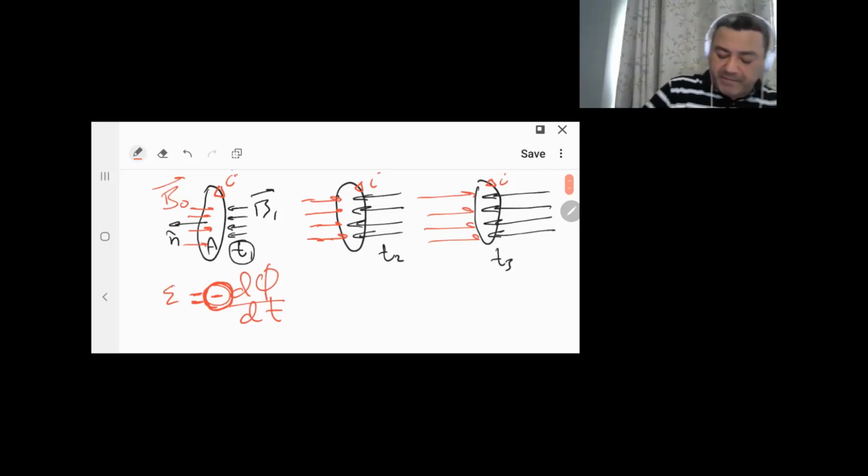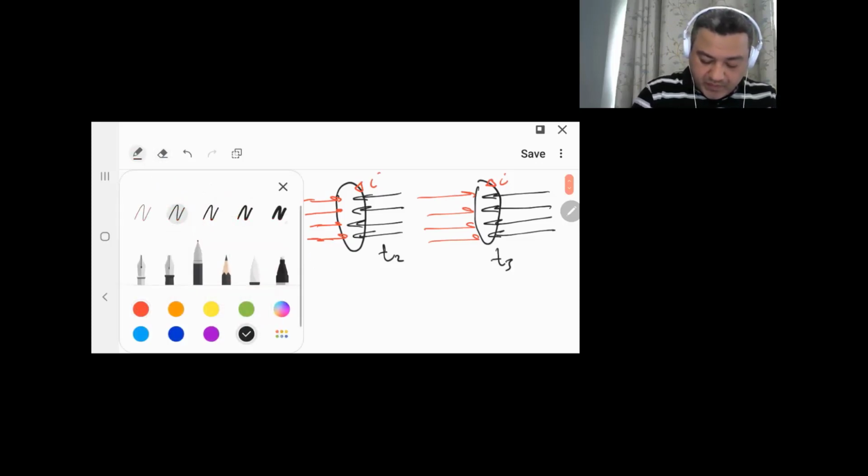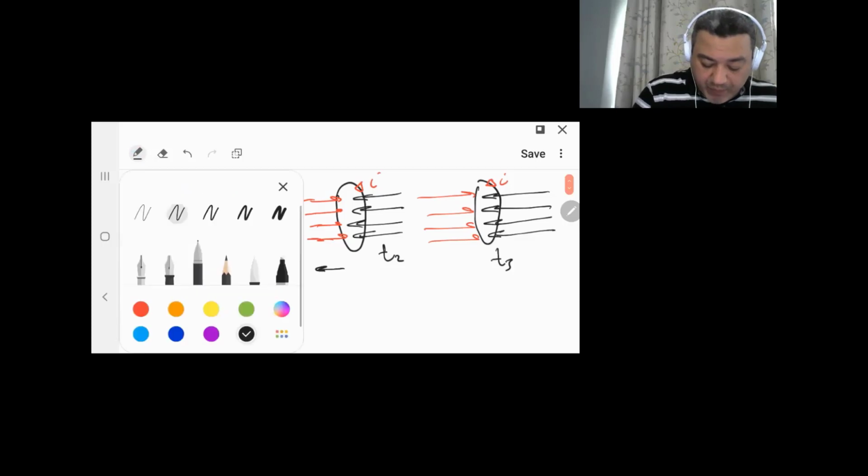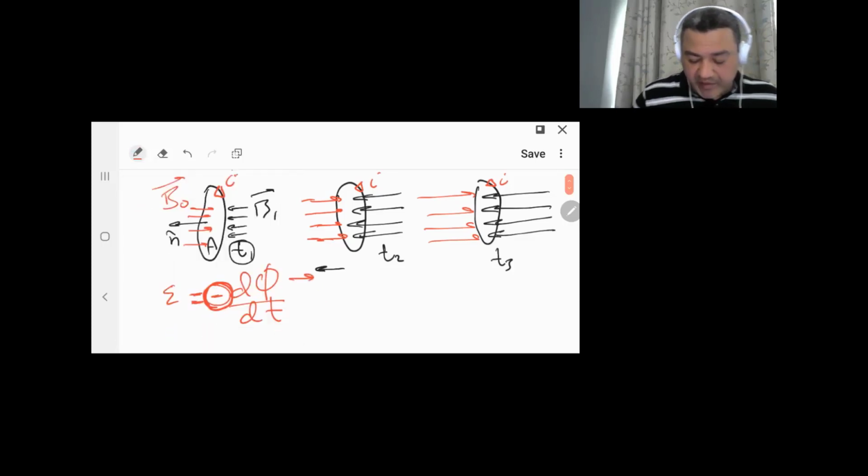So we have here the increase is happening in this direction, and the opposing is happening in this direction.